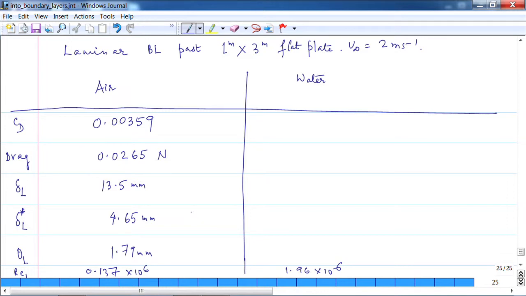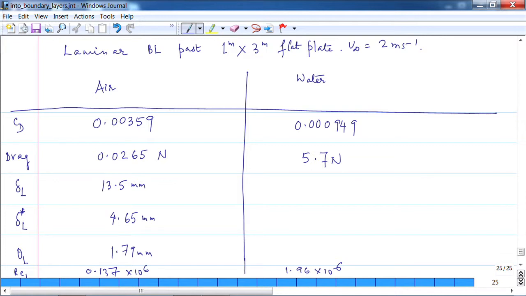Then CD in the case of water is 0.00949. Drag is 5.7 newtons.